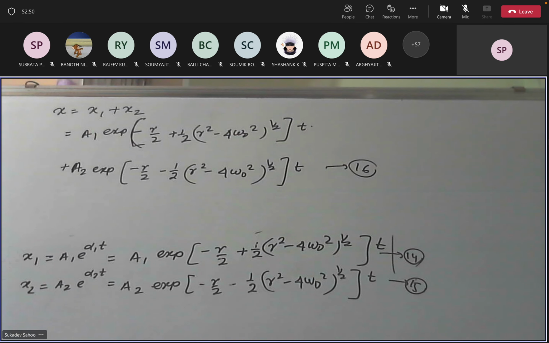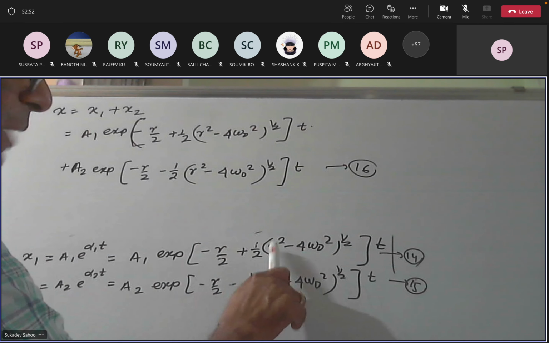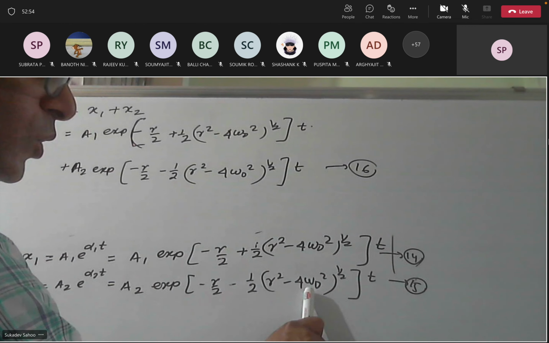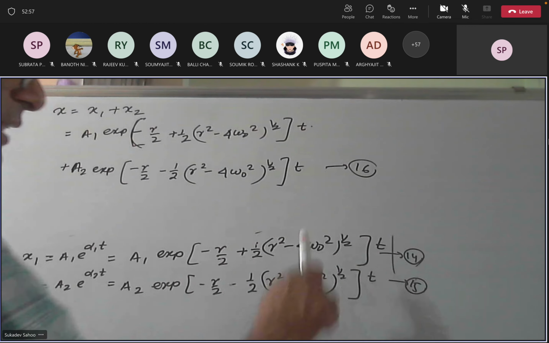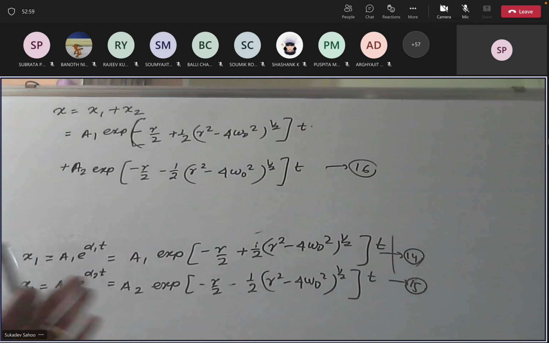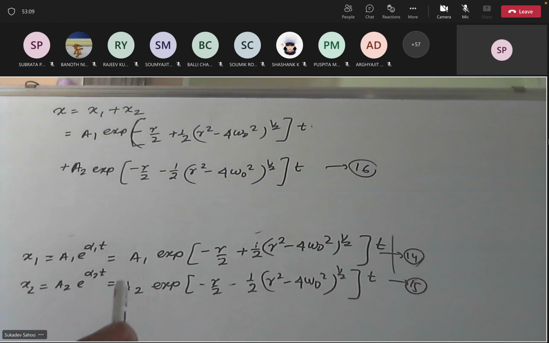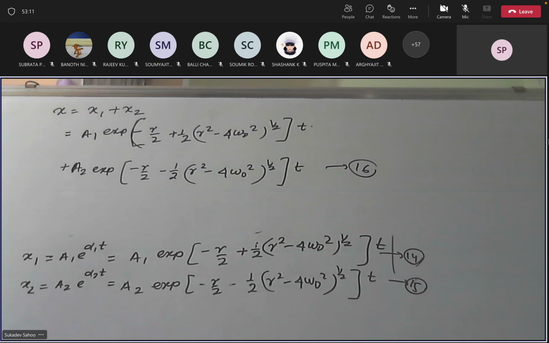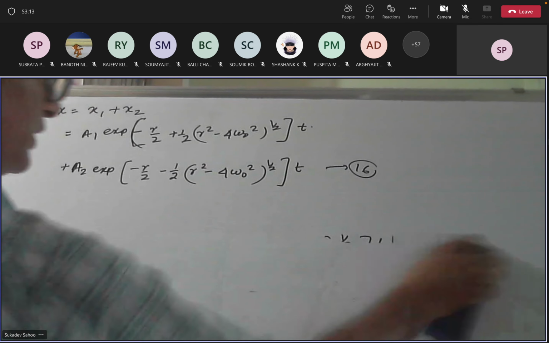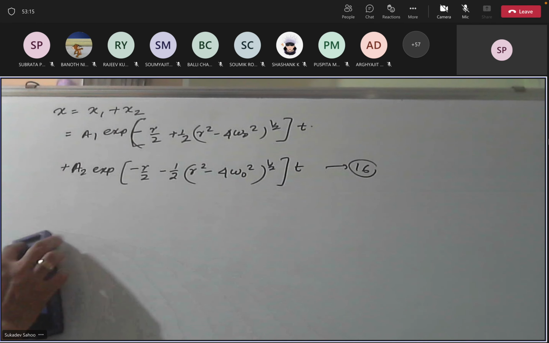So depending upon the nature of alpha 1 and alpha 2, we will get 3 different cases or 3 different types of solutions. Very clear? So there are 3 different kinds of motion depending upon the nature of alpha 1 and alpha 2. Now we will consider these 3 different cases one by one.